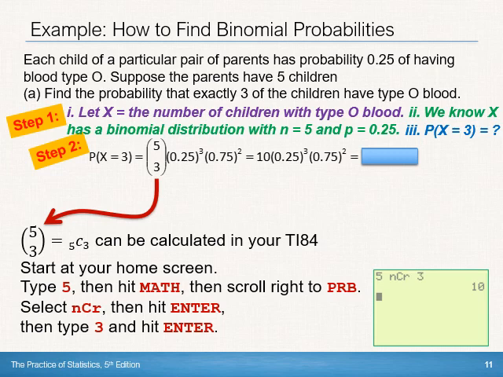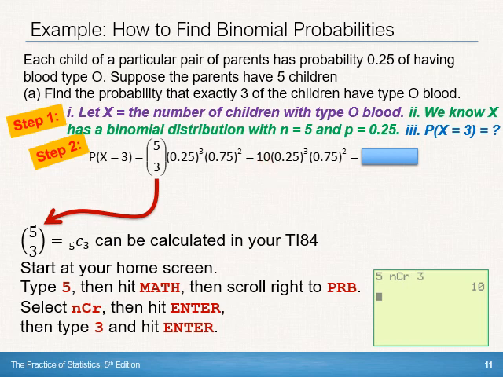That pastes the nCr onto your home screen next to the 5. Then hit enter, and that will give us 10. So that tells us that there are 10 ways of arranging 3 successes in 5 trials. And so that gives us this 10 number here.